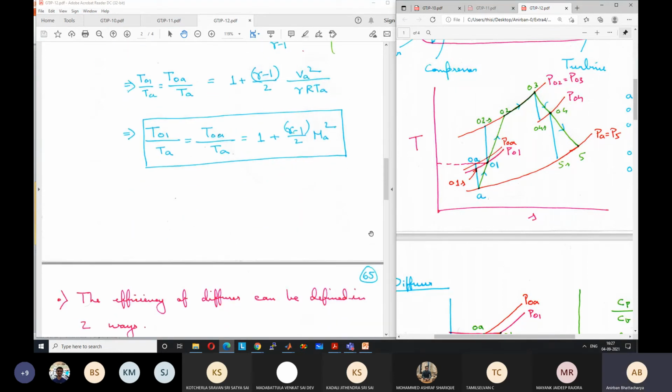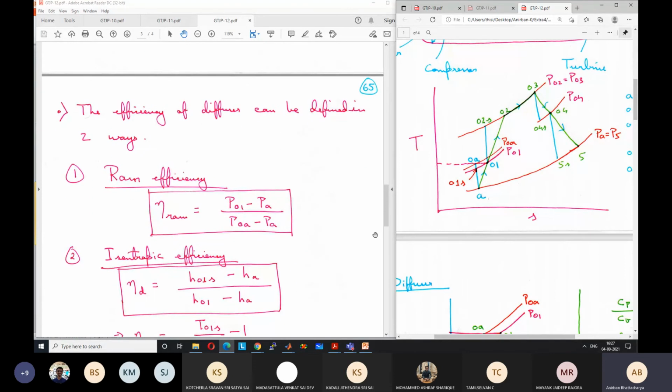So the next question is how to find the pressure. Because of pressure losses, the pressure is not equal to the stagnation pressure. If there were no pressure losses, how would we have found the pressure? What would have been the pressure at the exit?